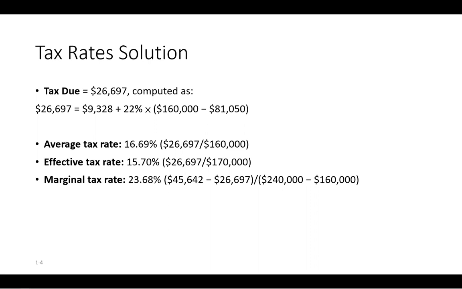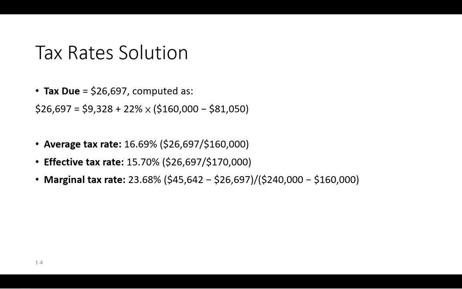We still need to add to that $29,502. And you see the result here. Their new tax on $240,000 would be $45,642. Now, if you're sitting there going, well, what's all this other stuff? Go to page 1-5.